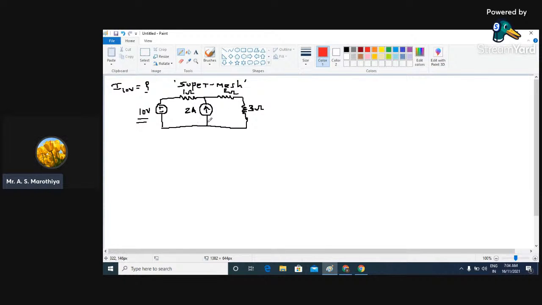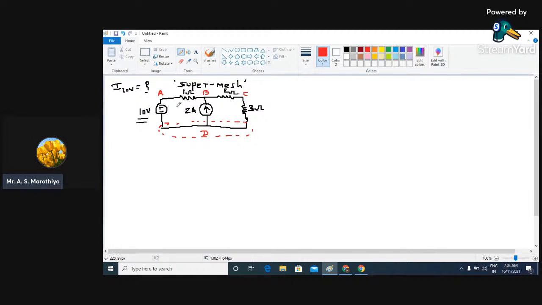Why? Because in this particular structure we have two meshes. Let us consider that this point is A, this point is going to be B, this point is going to be C, and this entire point is going to be D, because this is going to be a single node.